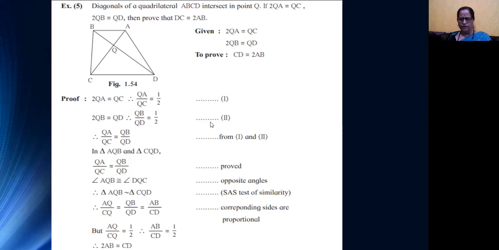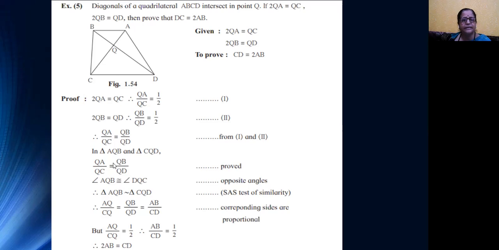It is proved from 1 and 2. Therefore, we are going to see that in triangle AQB and another triangle CQD, this is proved from 1 and 2.